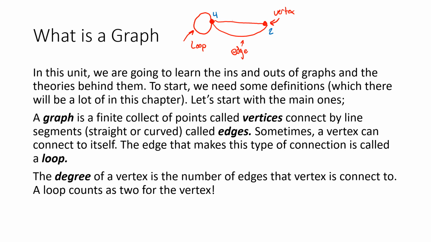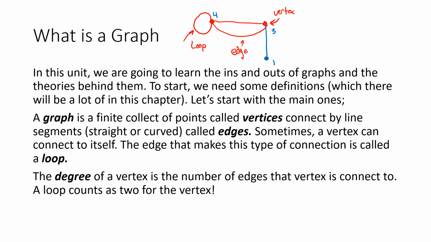You're going to hear me say a lot of times even and odd degrees too. That's just an odd number of lines sticking out or an even number of lines sticking out. So both of these degrees are even because 2 and 4 are even numbers. But if I had another edge, something like this, now this degree would be 3, this degree would be 1.